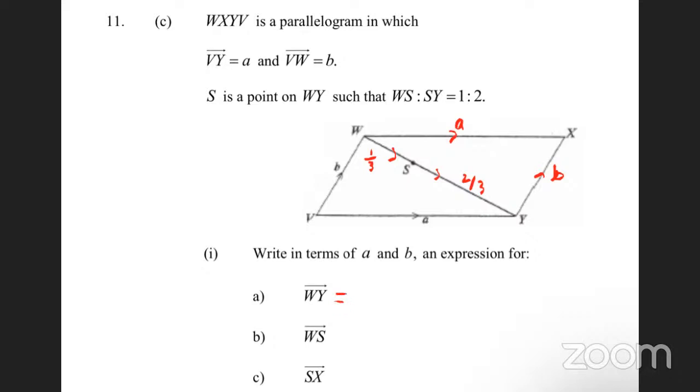Right, W to V plus V to Y. So that's against the arrow, minus B plus C. WS based on the diagram is 1/3 of WY. Right, don't forget to put the arrow on top. So it will be 1/3 of minus B plus C. Right, and you can multiply it out.